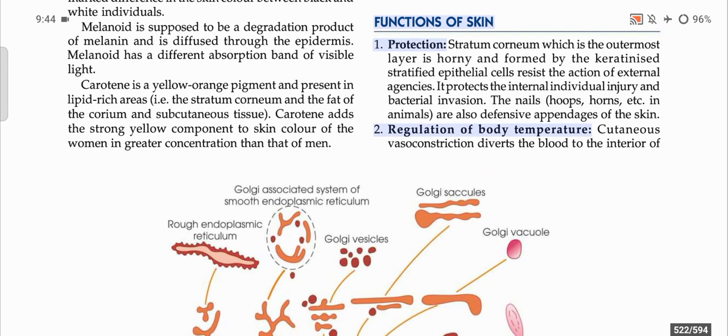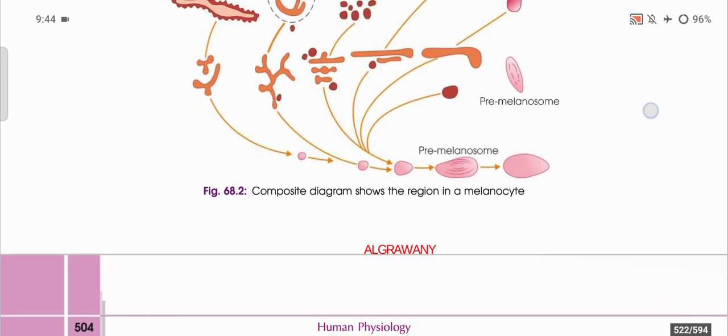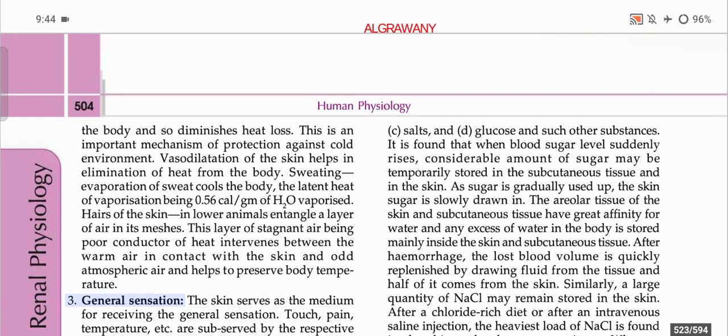Then, the regulation of body temperature. Cutaneous vasoconstriction diverts blood to the interior of the body, so it diminishes heat loss. This is an important mechanism of protection against a cold environment. Vasodilation of the skin helps in the elimination of heat from the body.